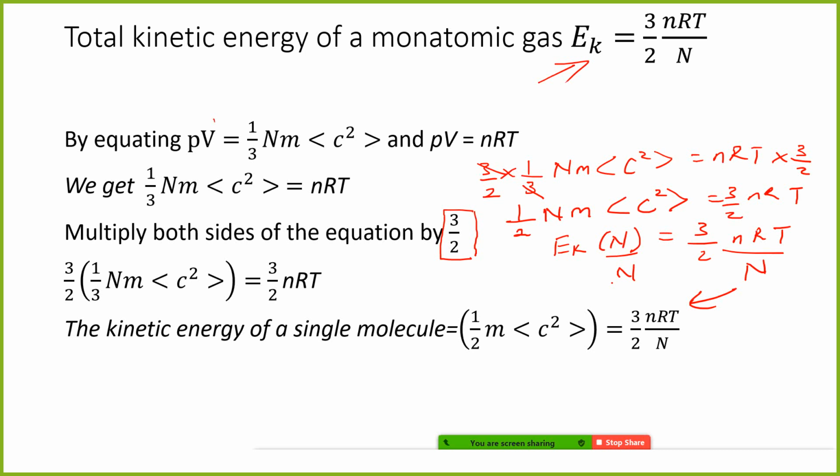Yeah, go ahead, please. Small n is the number of moles and capital N is the number of molecules. Exactly.